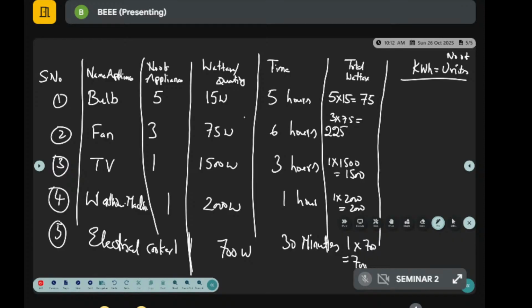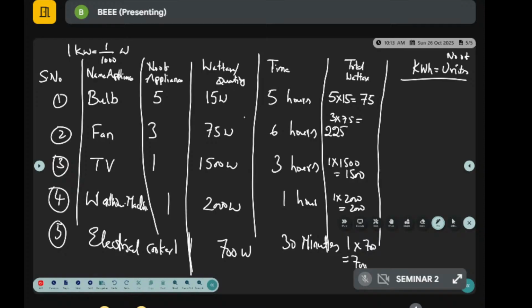How can we convert wattage into kilowatt? 1 kilowatt is nothing but 1 by 1000 watts. Divide watts by 1000, that will automatically convert into kilowatt. W by 1000 will convert into kilowatt.